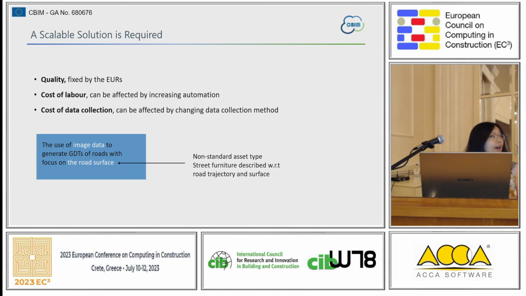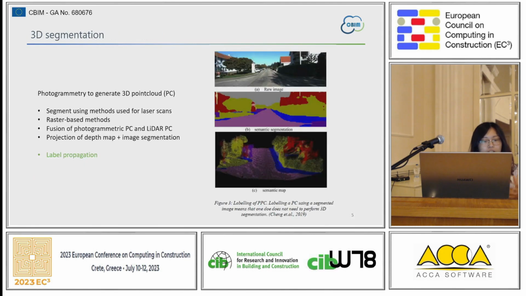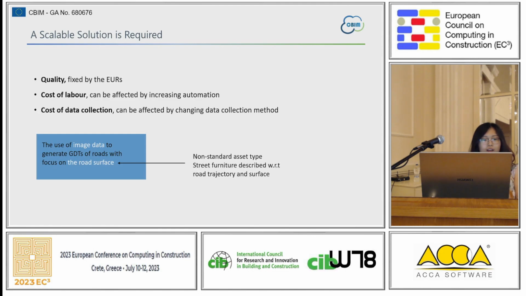So looking at the levers that we can affect, quality is fixed because we've derived the end user requirements. The cost of labor can be affected by increasing the amount of automation, so decreasing the amount of labor, or you can remove or greatly improve often a barrier to entry, which is the cost of data collection, because traditionally very detailed models are collected with LiDAR scans, for instance.